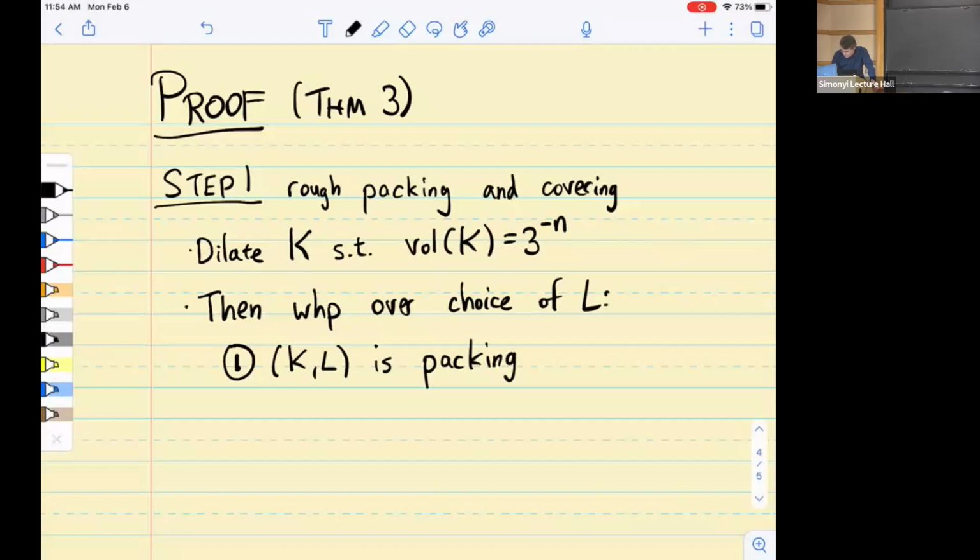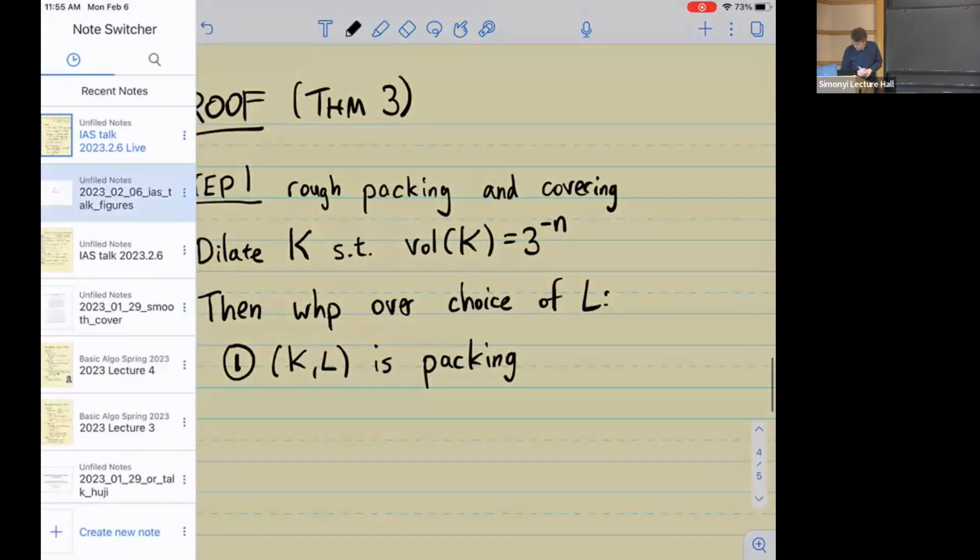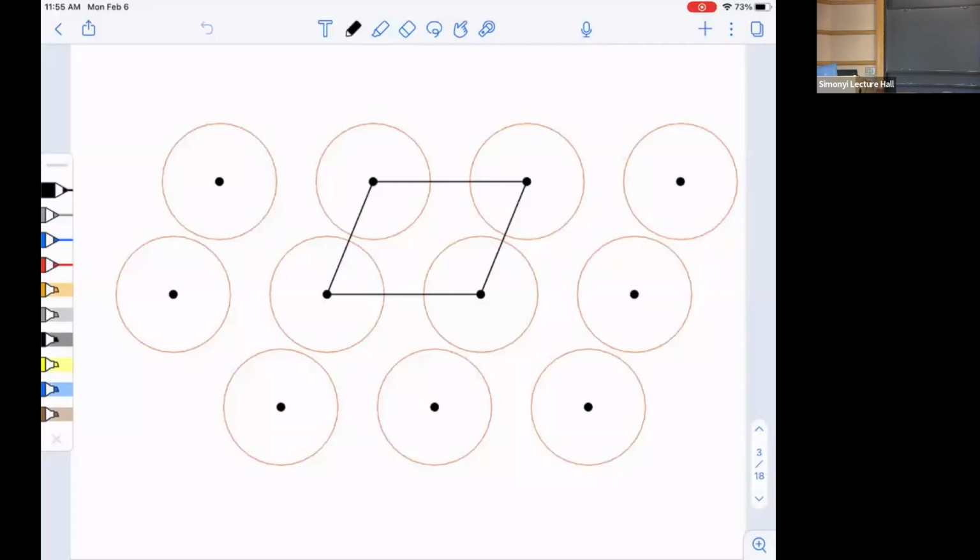The reason this follows is that, what is packing? Packing means that if I were to increase the radius by a factor of 2, I don't touch any lattice point. This is basically what packing is all about. To be packing means that even if you go distance 2 more, I will not touch any other lattice point.